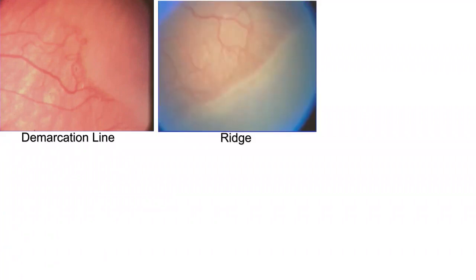This is a demarcation line. You can see that there is a line of separation between the avascular retina and the vascular retina. Then in stage 2, this demarcation line is transforming into a ridge. You can see the difference in color between this line, which is now becoming a ridge, and the rest of the avascular retina.